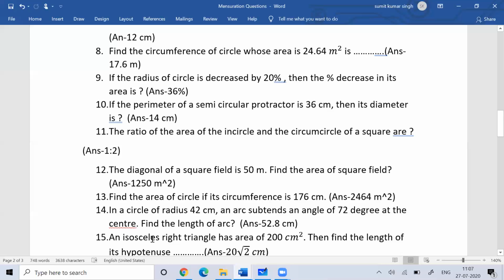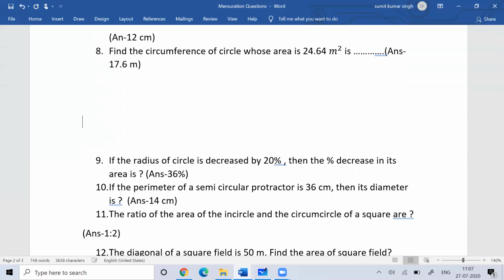Fine. Then next question, find the circumference of circle whose area is 24.64. Area formula is pi r square, that is 24.64.